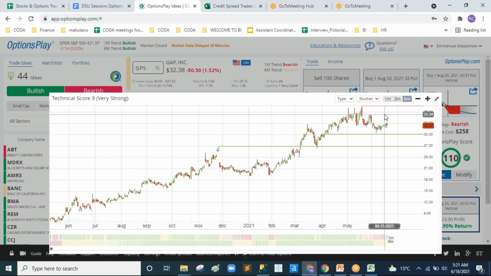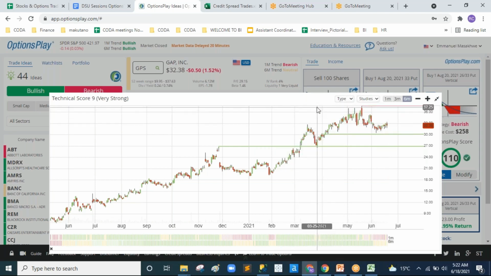If you want to implement it as a diagonal, we can buy at the current and then sell above this resistance level, maybe from 38 going upwards. But now we have to deal with the calls in this case.